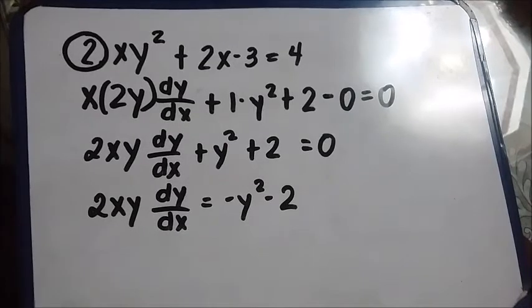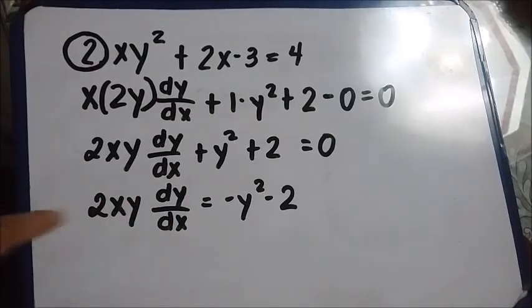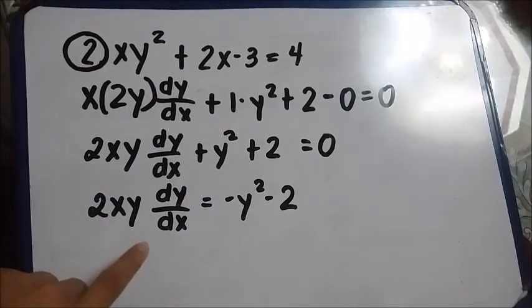After this, we need to remove all the coefficients and variables beside dy/dx. So we're going to divide both sides by 2xy.